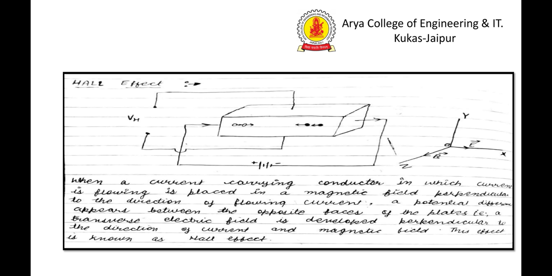That is, a transverse electric field is developed perpendicular to the direction of current and magnetic field. This effect is known as Hall effect.